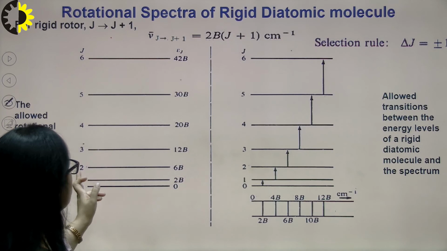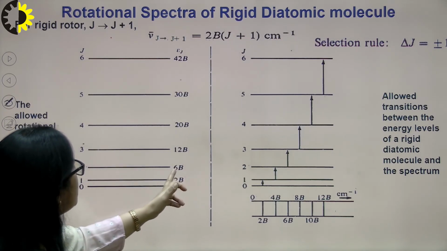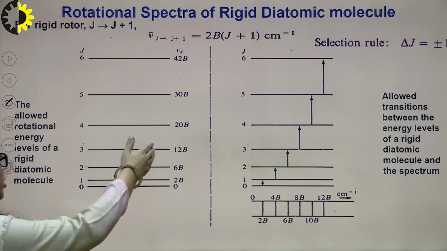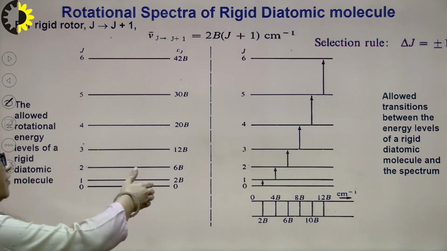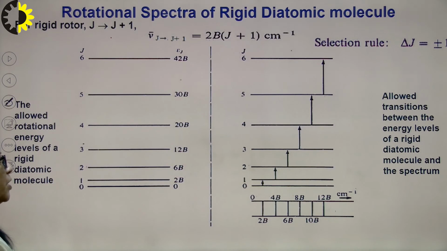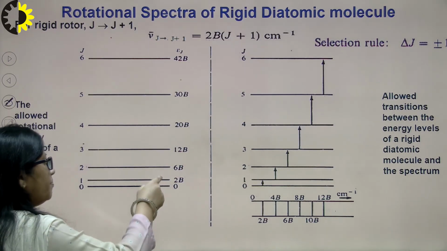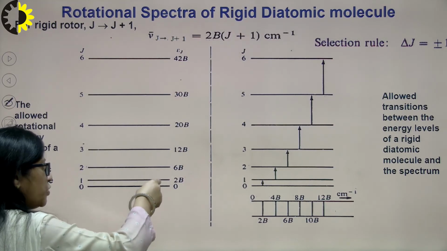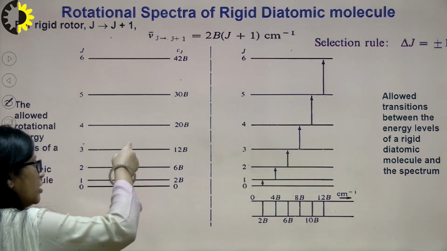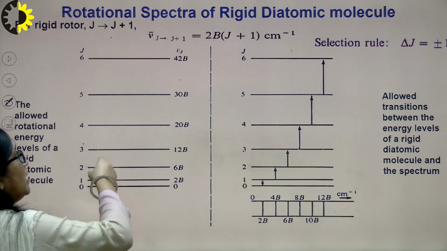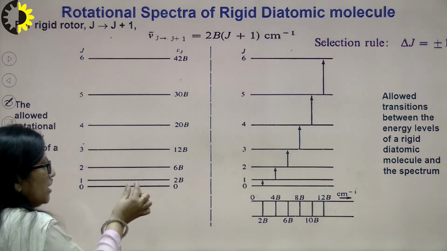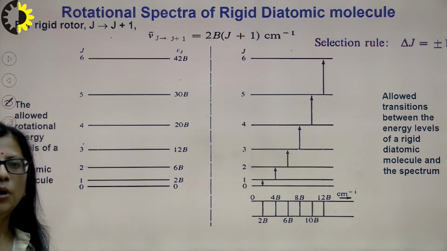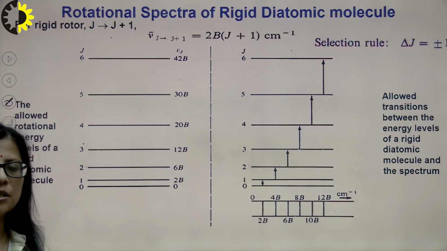If J is 2, our EJ will become 6B. These are the allowed rotational energy levels in rigid diatomic molecules. So, we are going to observe a rotational spectrum with peaks at 2B, then 6B, then 12B, then 20B, then 30B, and the difference between these peaks is only 2B because it is constant.